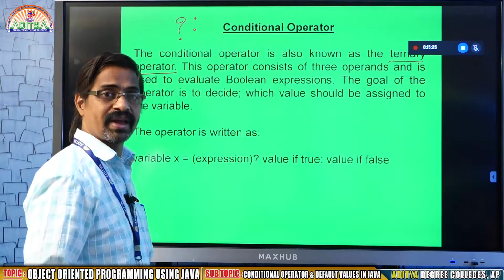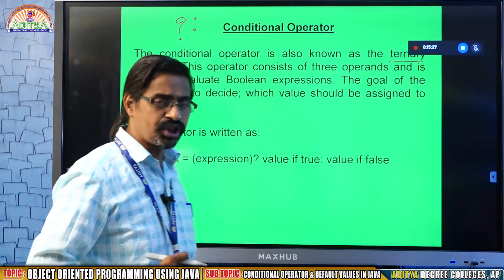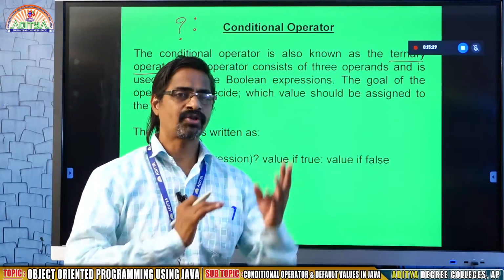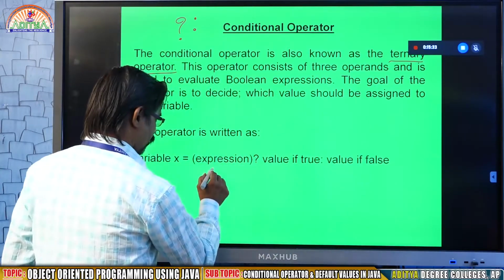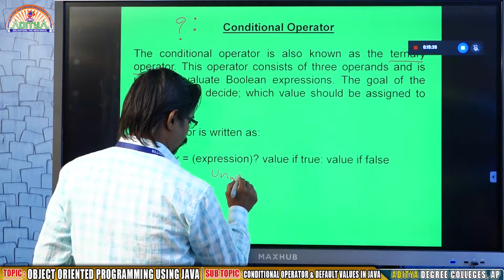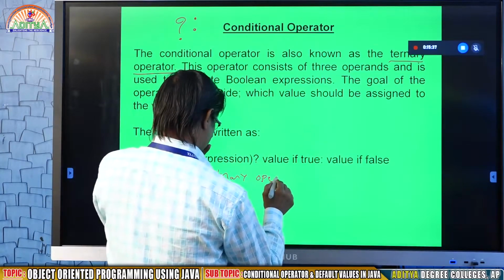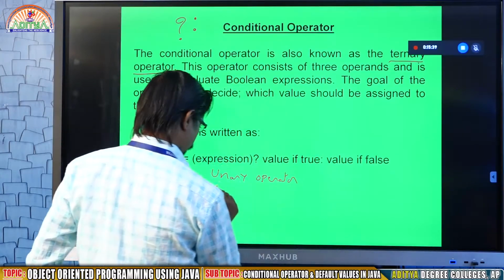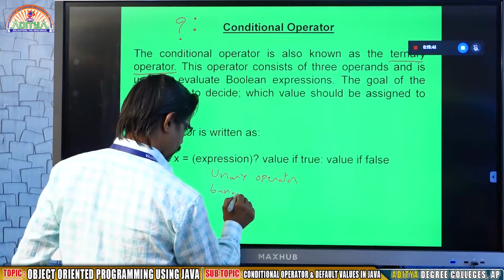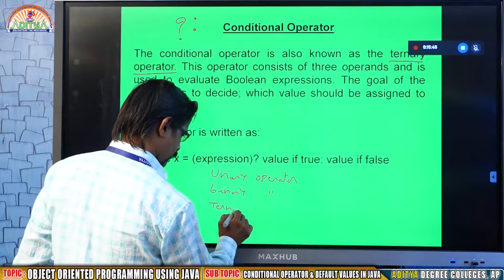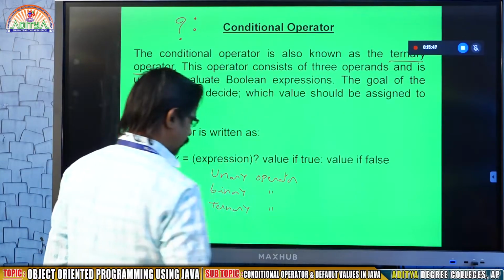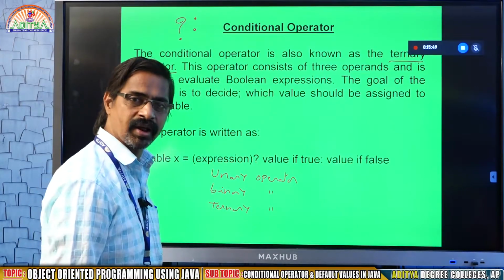What is the meaning of ternary? We have three types of operators: unary operator, binary operator, ternary operator.